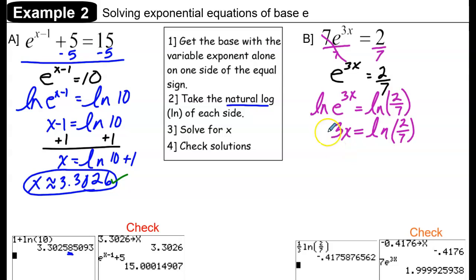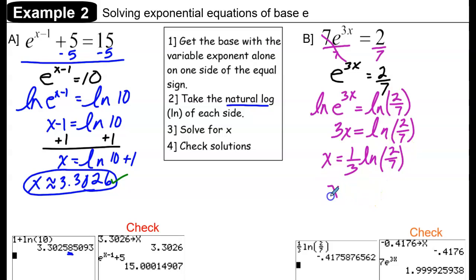And then we can divide both sides by 3 or multiply by the reciprocal. That accomplishes the same thing. And x then is equal to 1/3 natural log of 2/7.